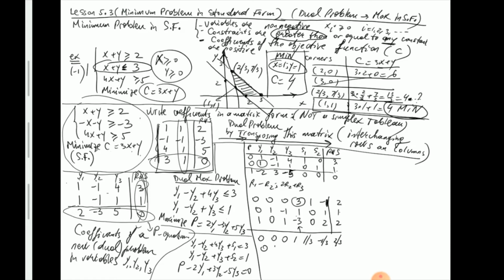And then 0, 1, minus 1, 1, 0, 1, and 1. 1, 0, 1, minus 3, 0, 2, and 2. And now let's do row 2 minus row 1, and then 3 times row 1 plus row 3 to make zeros below that pivot.